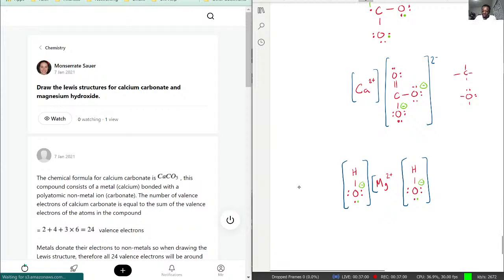And just so we don't forget, each OH will be a minus, and the magnesium 2 plus. So 2 plus, 2 minus. There we go. These would be the theoretical Lewis structures, because once again, it's not really about bonds since these are ionic compounds. We just situate them next to each other, as far as I can remember for Lewis structures for ionic compounds. So let's see how we did for this question.